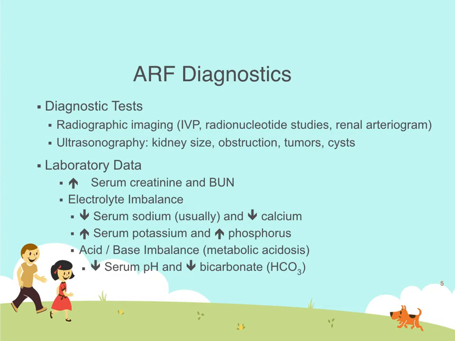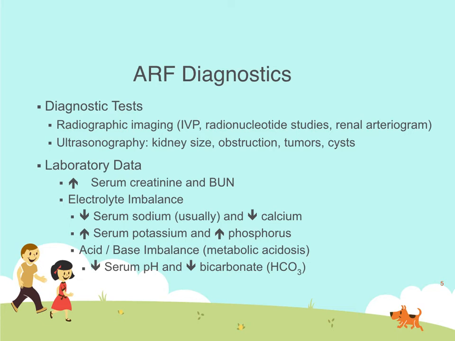We may do radionucleotide studies, and they might even do a renal arteriogram. If they do an ultrasound, they're still unsure of the cause of what's going on, so they're looking at the size of the kidneys. Is there hydronephrosis present? Is there some type of an obstruction? Are there tumors, or do they have something like polycystic kidney disease?